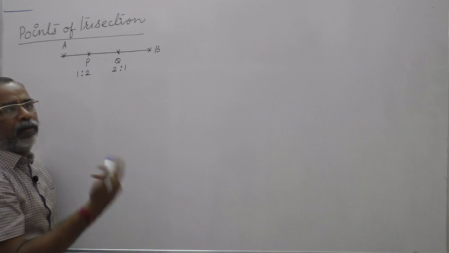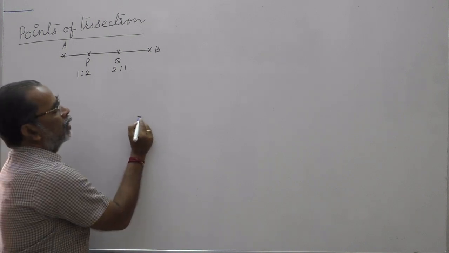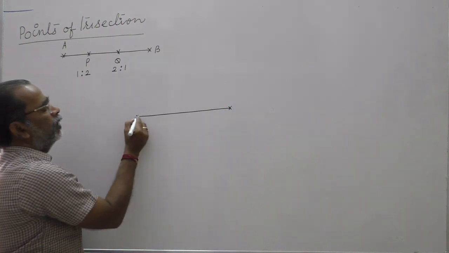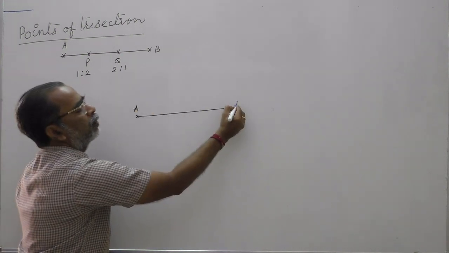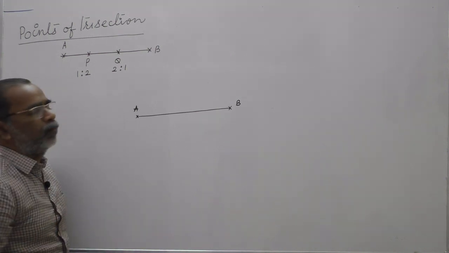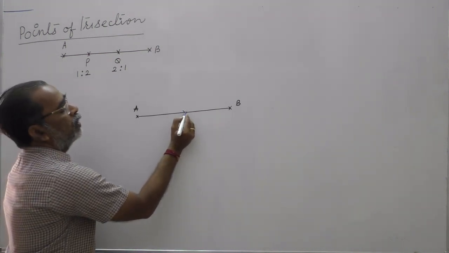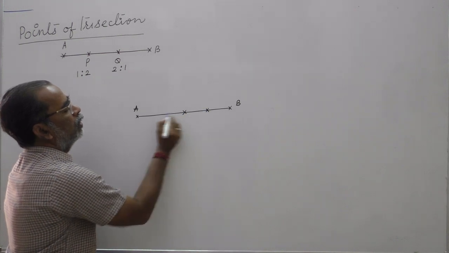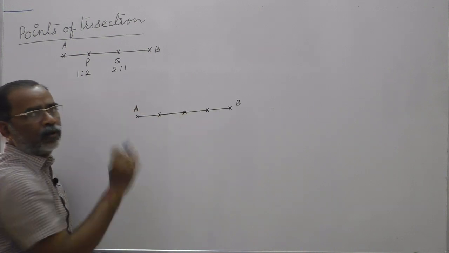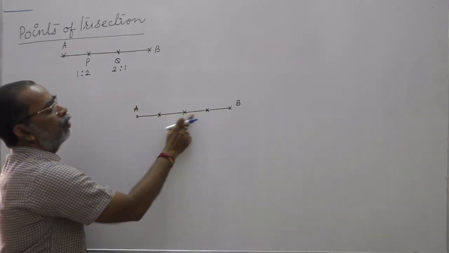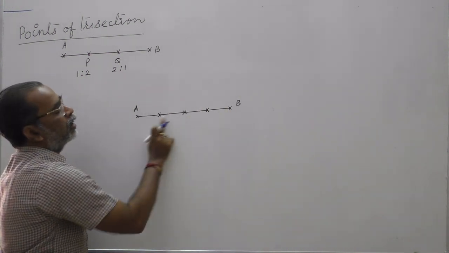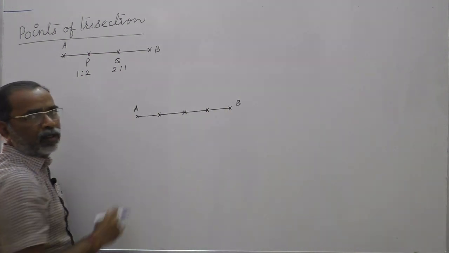This concept can be extended to some other things. Say here AB is a line segment. Now we have to divide this into 4 equal parts. 4 equal parts means we are supposed to cut at 3 points. Say these are the 4 equal parts. So we have divided the AB line segment into 4 equal parts.